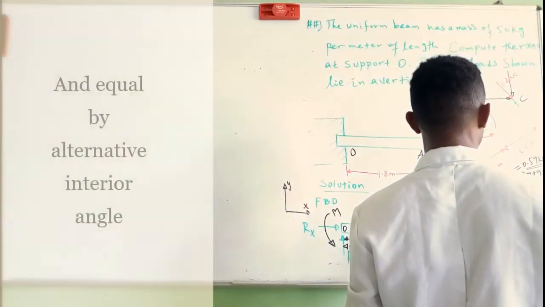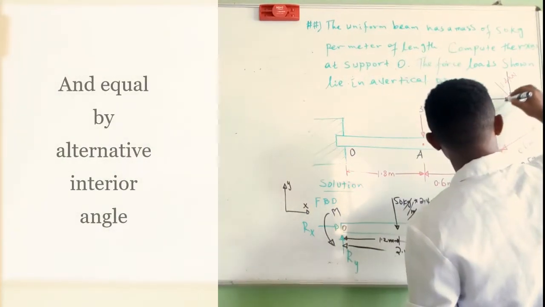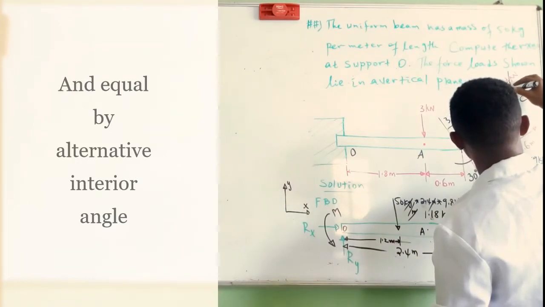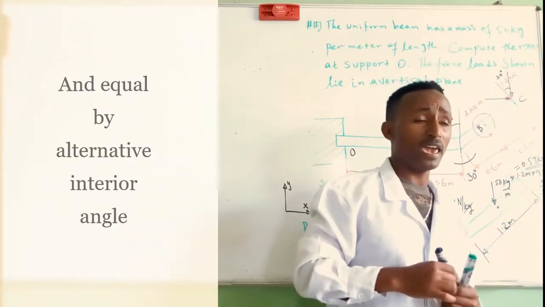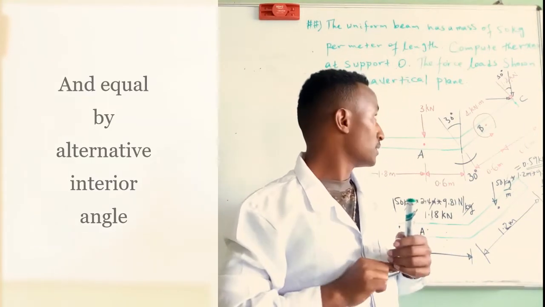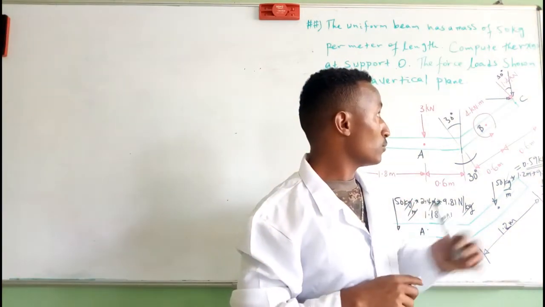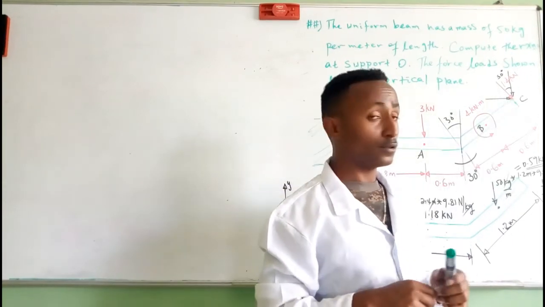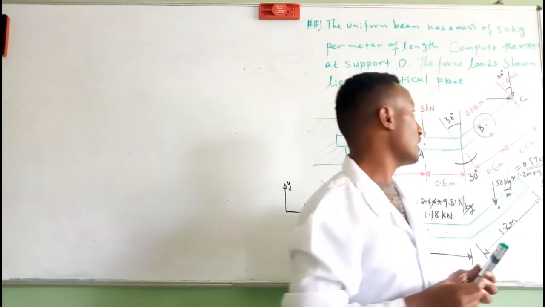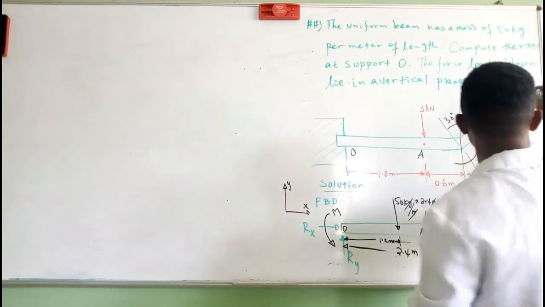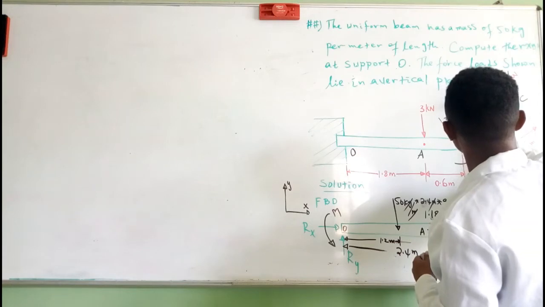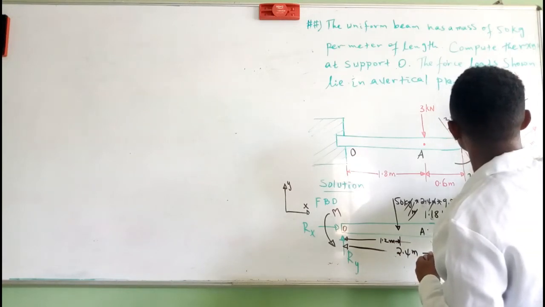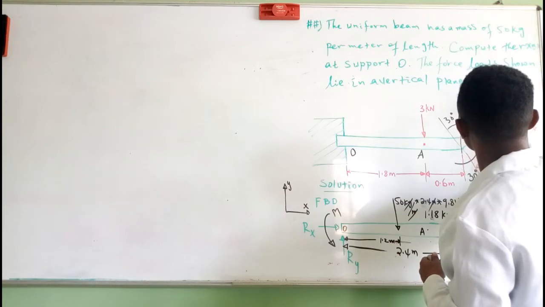So this angle becomes 30 degrees. So using the angle 30, we can resolve 1.4 kilonewton into x direction and y direction. X direction becomes 1.4 kilonewton times sin 30 degrees.